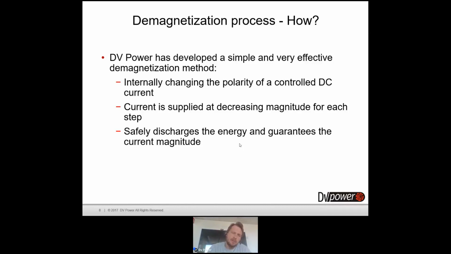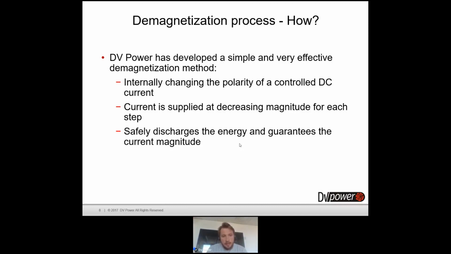However, in 2009, I think, DV Power introduced a quite innovative demagnetization method in the market, and I think we were the first to use that approach, which makes our life much easier.